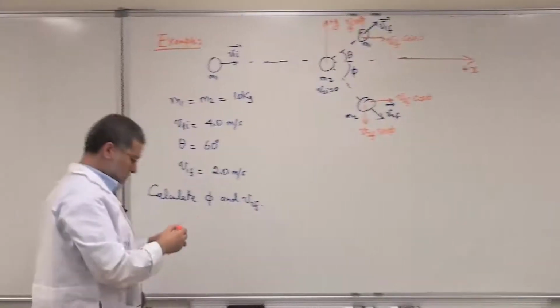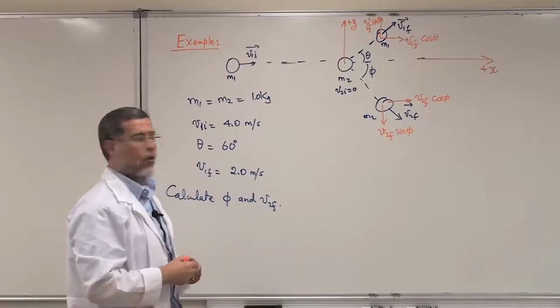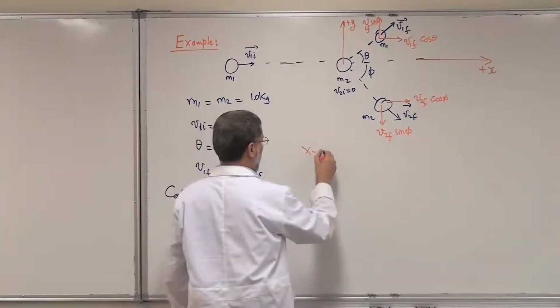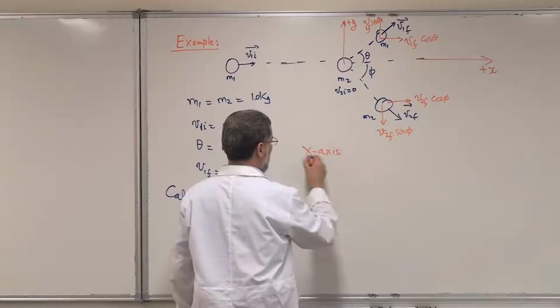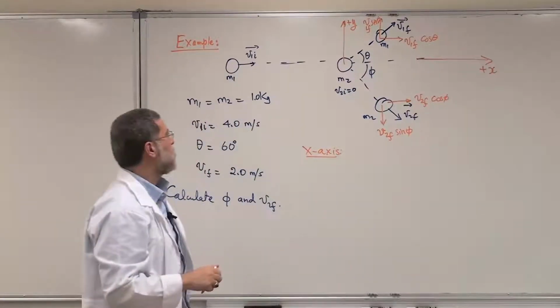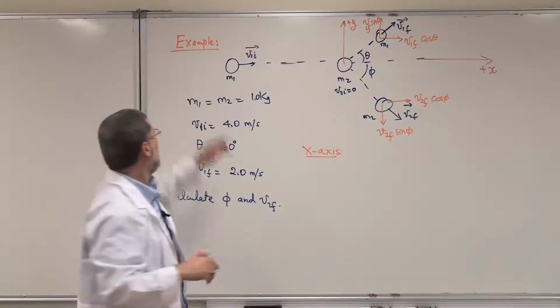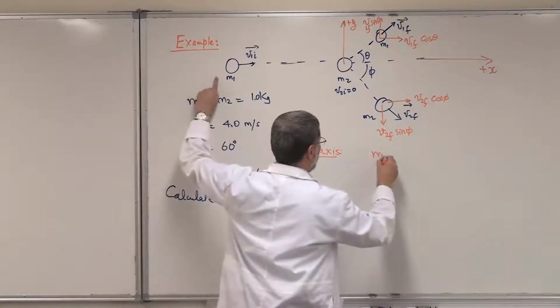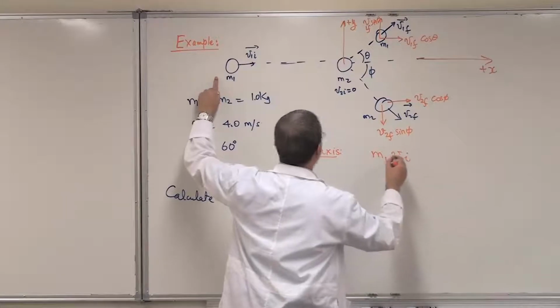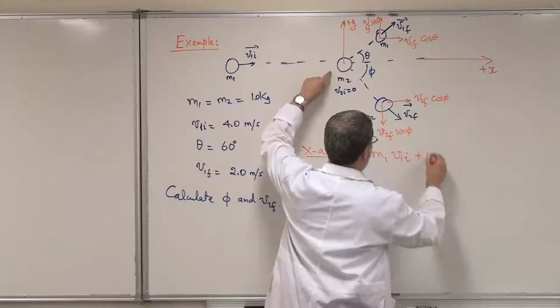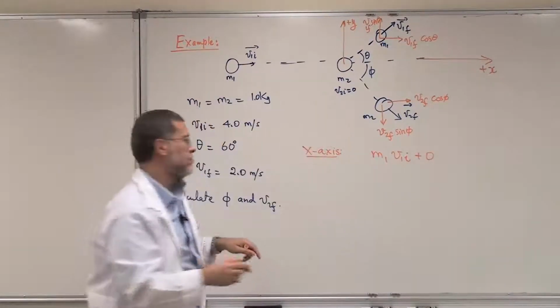Okay, let's write now the conservation of linear momentum along the x-axis. We need the x-axis and the y-axis. So what is the linear momentum before collision? It is m1 v1 initial plus 0 because the target is at rest.